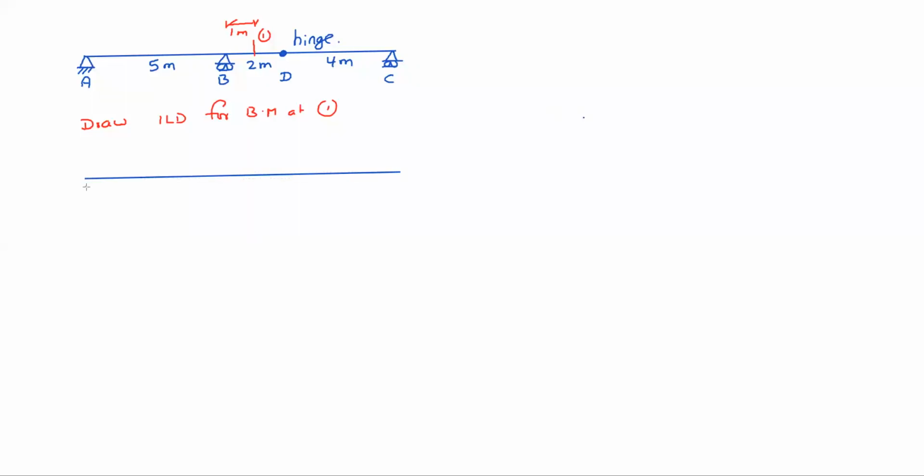Same way, you can go for double line diagram. Internal hinge, support, end, hinge, roller. Internal hinge is already there here, one hinge.